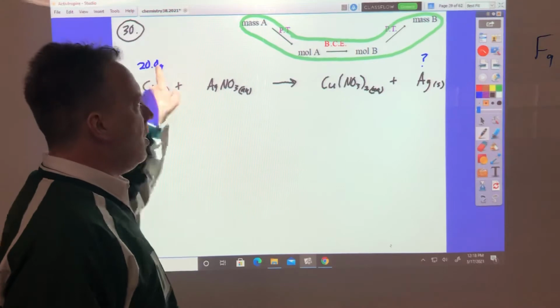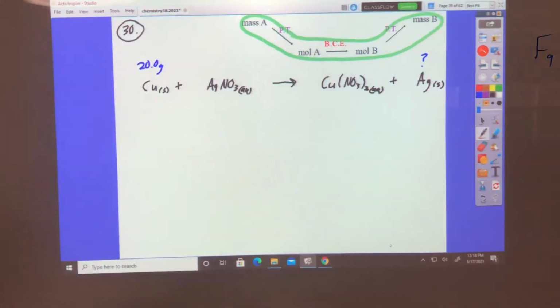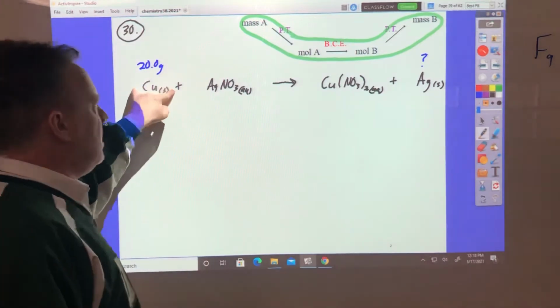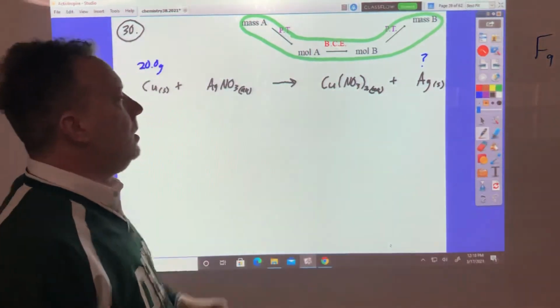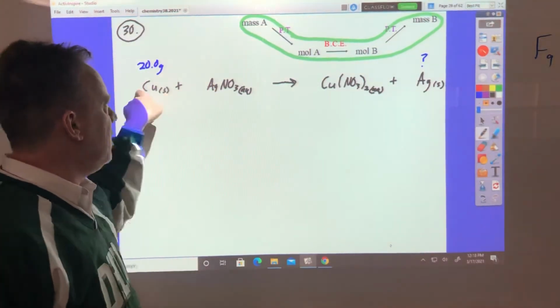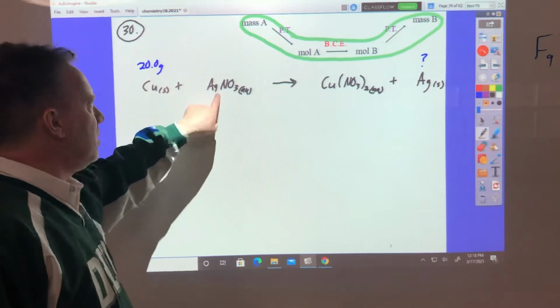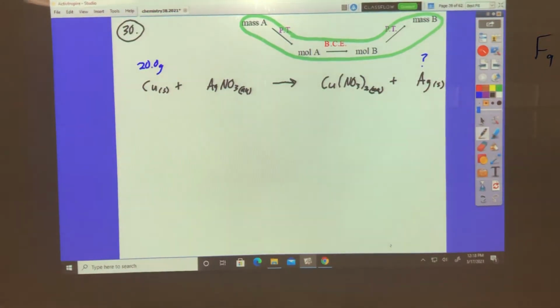That's 0 oxidation number. That's 2 positive, so right away, we know that's redox. It's not double replacement because that doesn't have a partner. Here it does. It is single replacement, because the positive ions switch places, silver and copper switch places, the metal atoms switch places. It's not combustion, so it's single replacement.